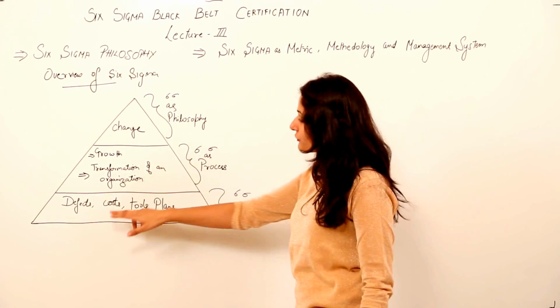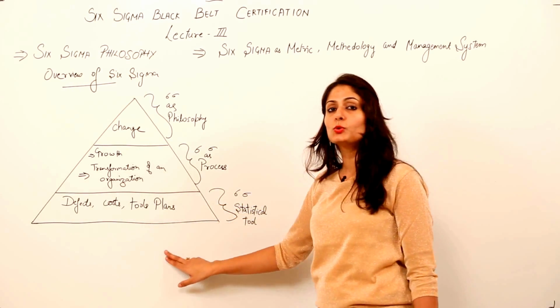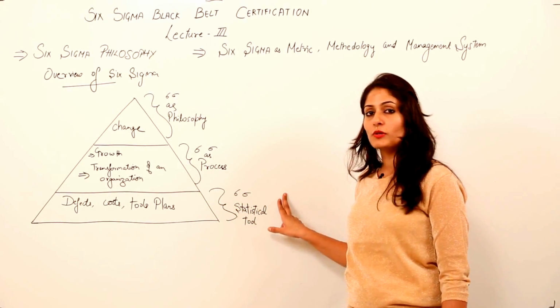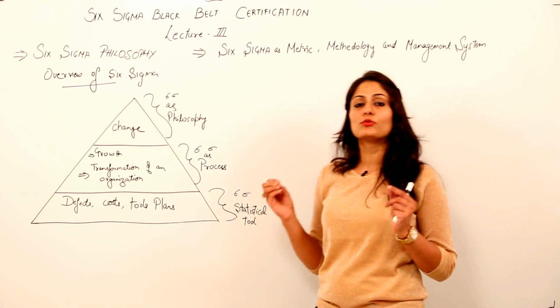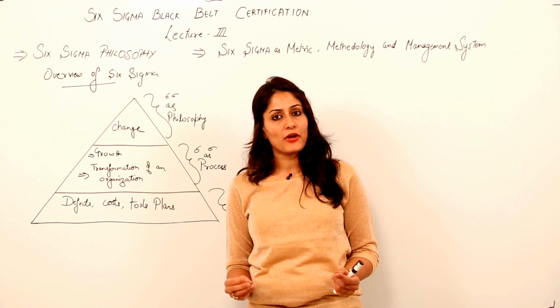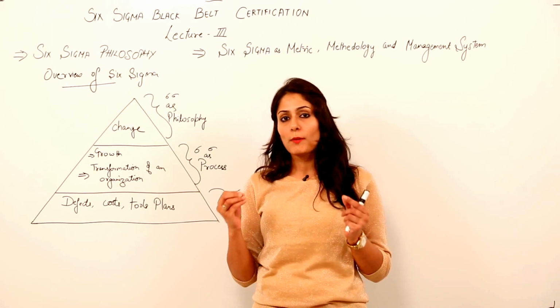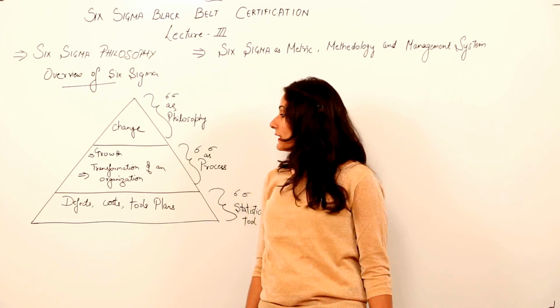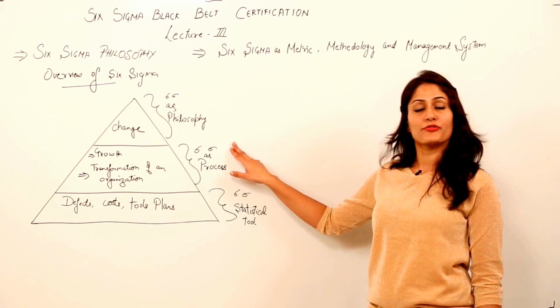When we talk about defects, cost, tools, plans, we talk of Six Sigma as a statistical tool. Here we use these tools to bring down the defects and errors in our products and services to a number which is 3.4 defects per million opportunities. Now let's take on Six Sigma as a process.